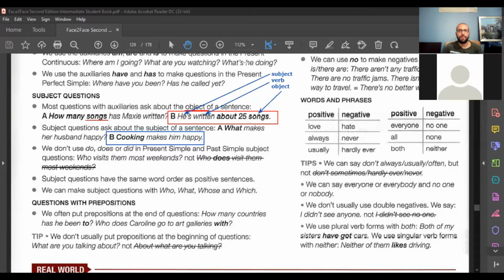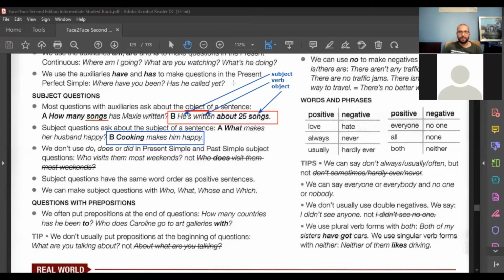Cooking makes him happy. Where's the subject, where's the object, and where's the verb here? Makes is the verb. Correct.